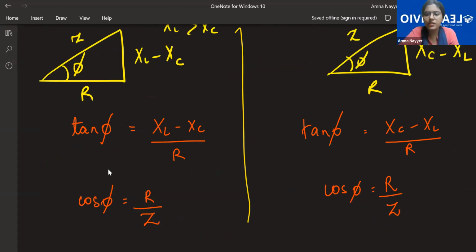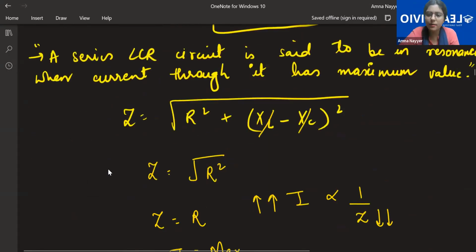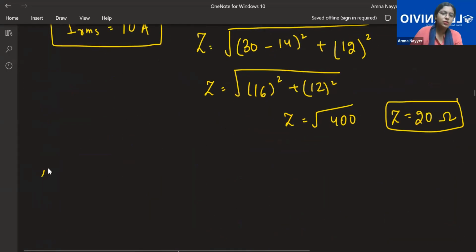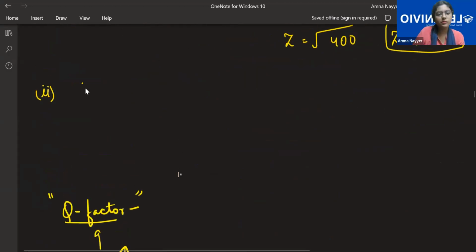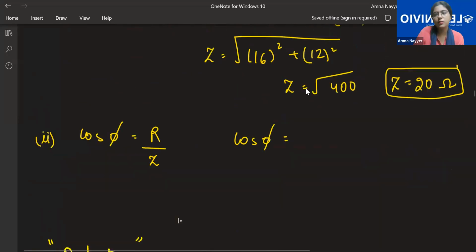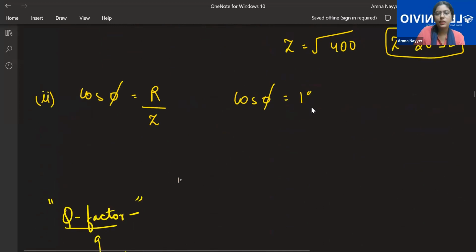So you calculate it anyways. Let me use cos phi is equal to R by Z only, but again, I'm saying you can use any of the values. So cos phi is equal to R by Z. Resistance is 12 and this is 20.